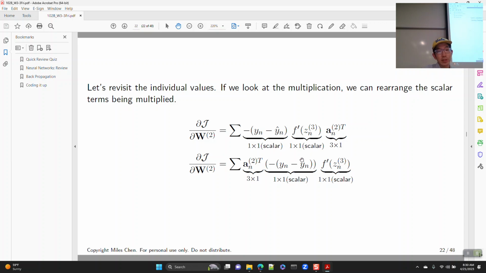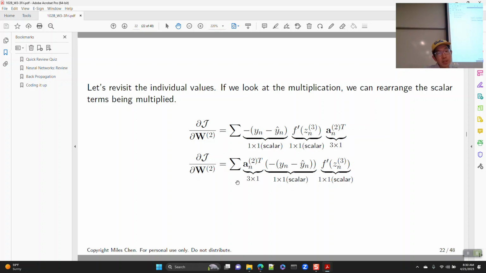The first value times the first value times the first value times the first column of values, and then if we go to the second value, it's the second column of values. So I can rearrange these scalar terms.